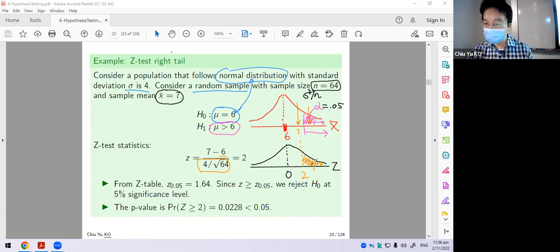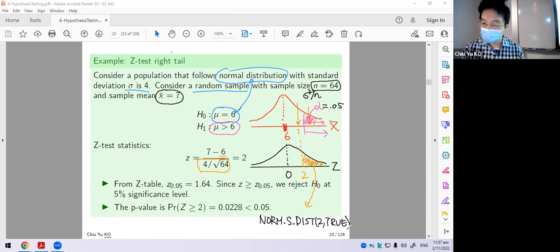And do remember how you figure this out. This is just the normal CDF at 2.